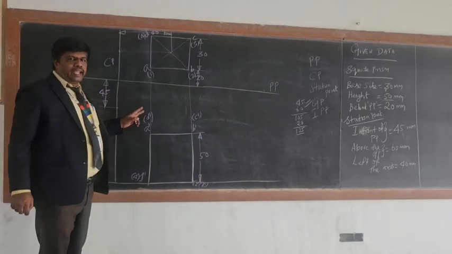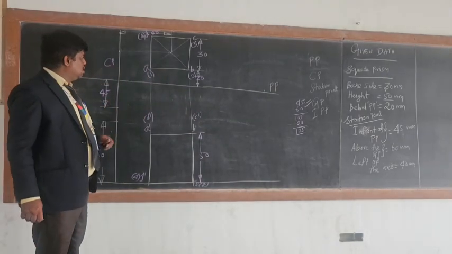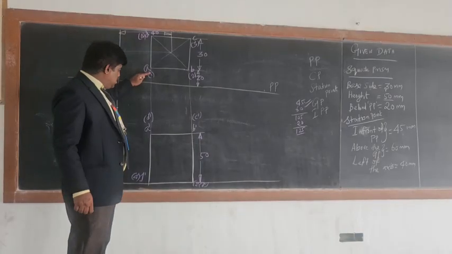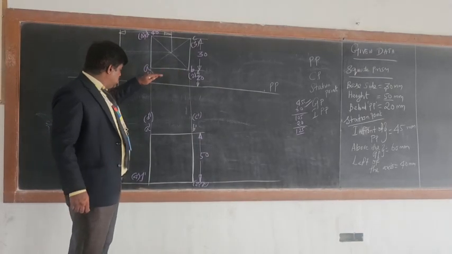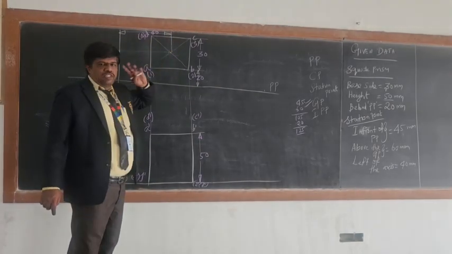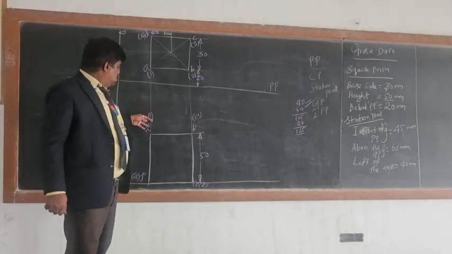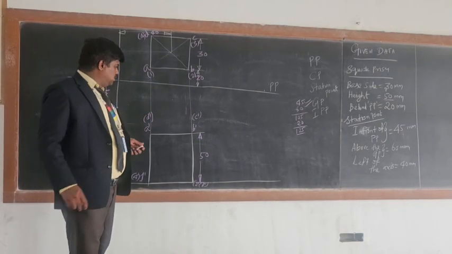Those in brackets we cannot see. So the receiving points A, B, C, D are invisible. That is why I enter them in brackets.